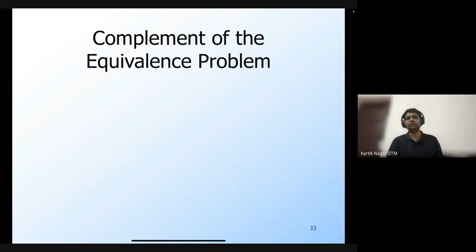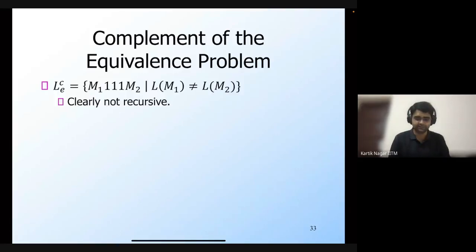So let's look at one more problem, which is the complement of this equivalence problem. The complement of the equivalence problem is nothing but strings of the form M1, 1, 1, 1, M2, such that the language of M1 is not equal to the language of M2. So this problem is clearly not recursive.